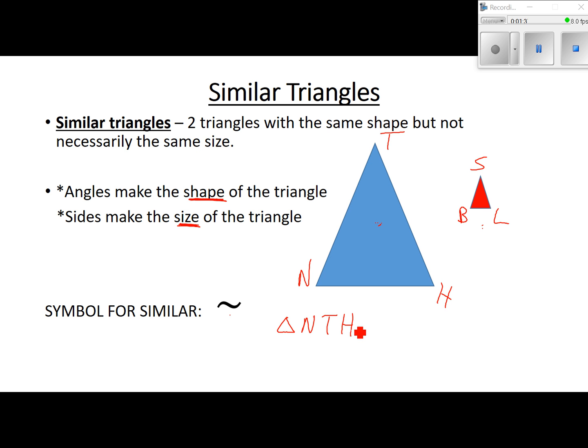And we're going to talk about this on another slide. Then you have to make sure when you name the second triangle, we use that similar symbol, but we have to match up the angles that correspond to each other.